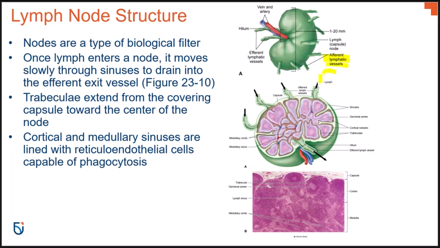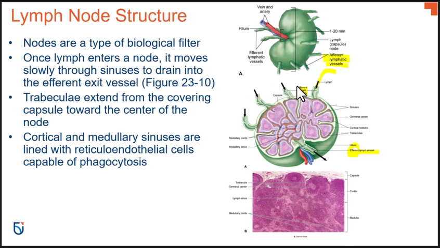So it moves in through afferent vessels, and it will eventually leave through one or more efferent vessels. So you can see that there are quite a lot of vessels bringing the lymph in, and then we have fewer bringing it out. To help remember this, it's the efferent lymph vessels, where E is for exit, where the fluid is going to be exiting the lymph node.